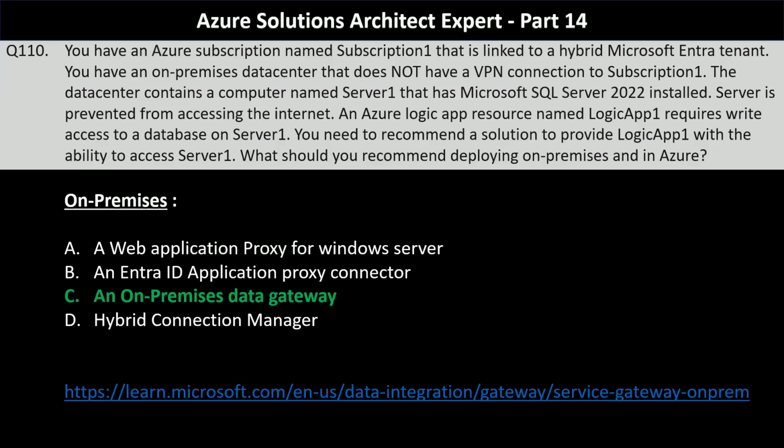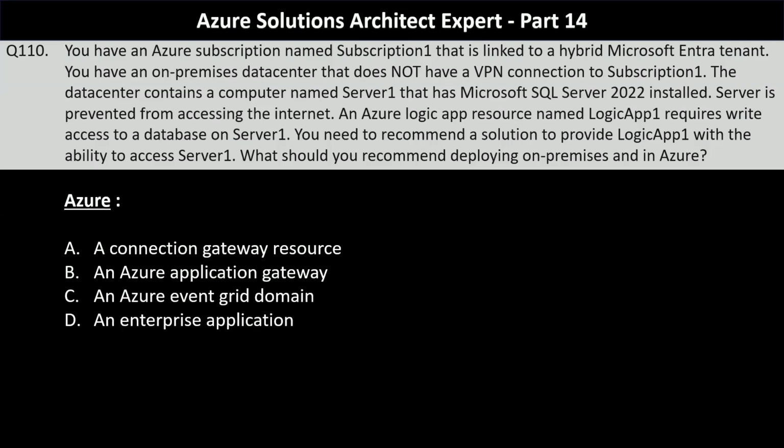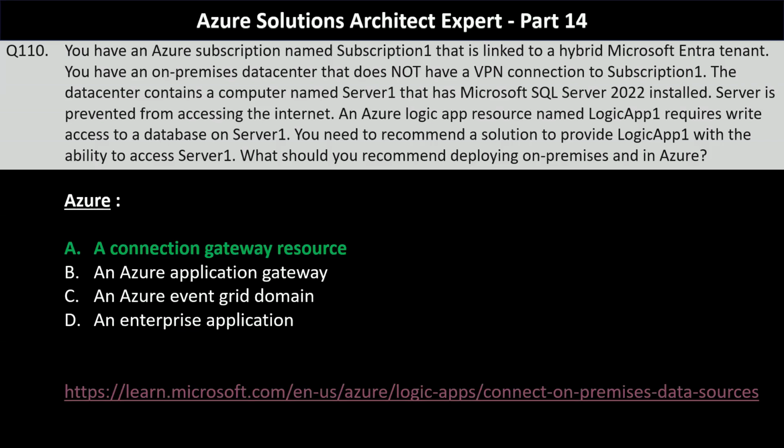Now, the next part of the question is talking about what should you deploy in Azure. And your options are a connection gateway resource, an Azure application gateway, an Azure event grid domain, an enterprise application. Now, folks, you should deploy a connection gateway resource which is associated with the on-premise data gateway.